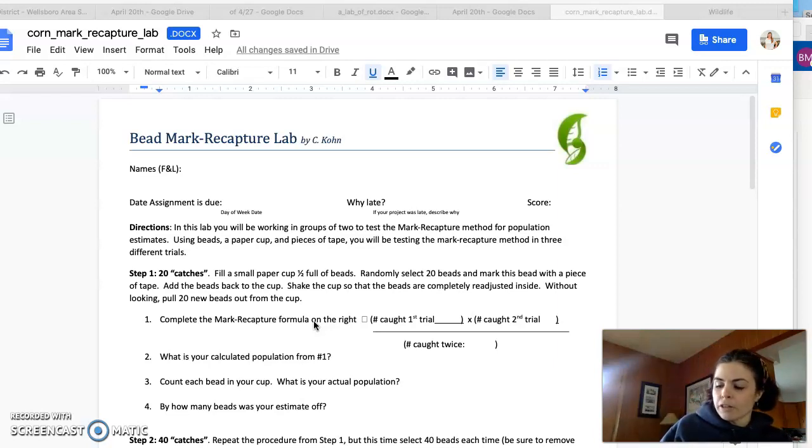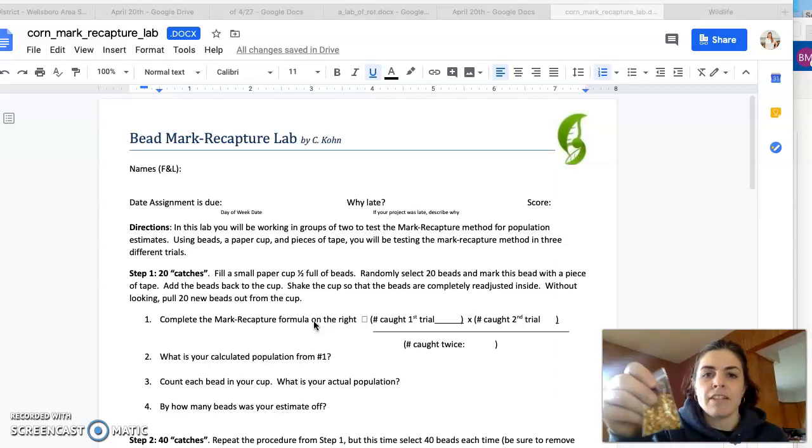So again, I already have my corns, beads, whatever. They are already marked, and I'm ready to go in this lab. First thing, I've randomly selected 20. So I have my package that I already marked 20. This is the same as if I was trying to estimate the population of animals and I go out and tag 20 of them.